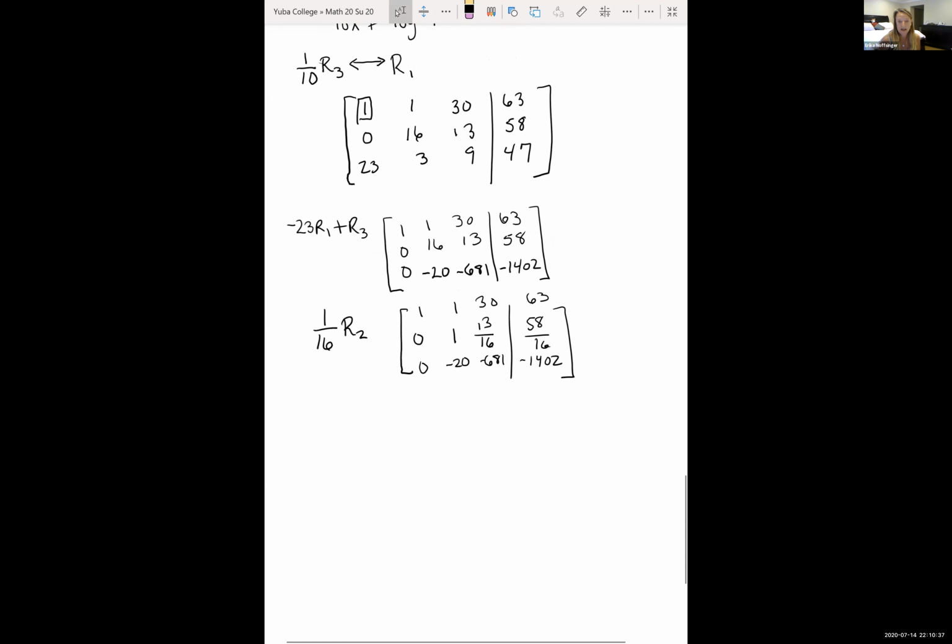If I look at negative row 2 plus row 1, that would do it. So let's rewrite this: 0, 1, 3, 13/16, 58/16.